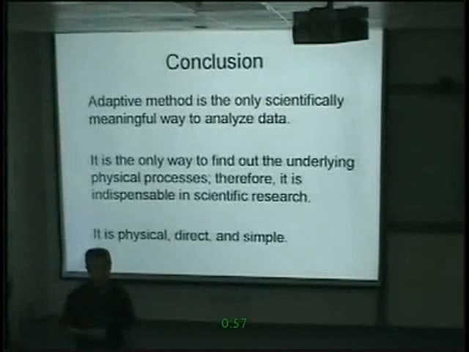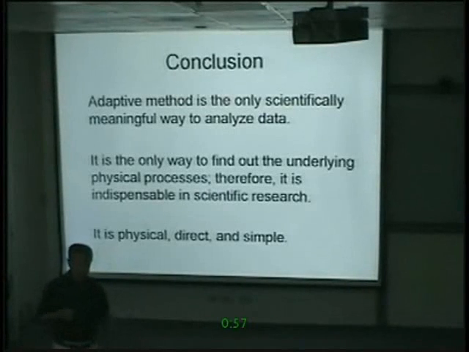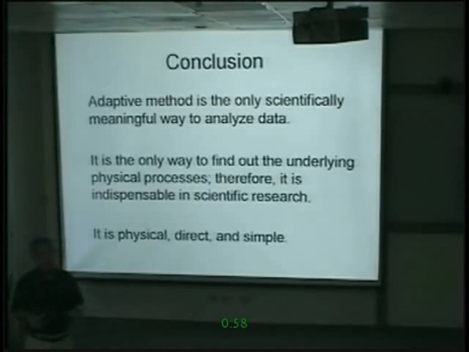The physical meaning of the data is embedded in the data. The physical process is embedded in the data. If you analyze the data, you should be able to learn something about the processes. And the method that I would cover in this course is very physical and very direct and very simple.